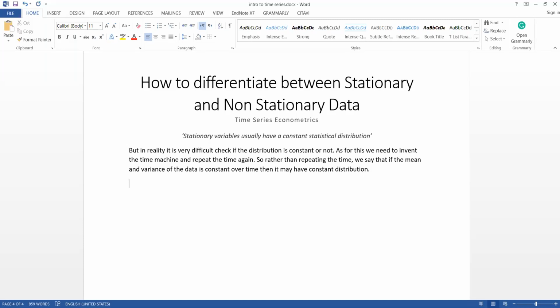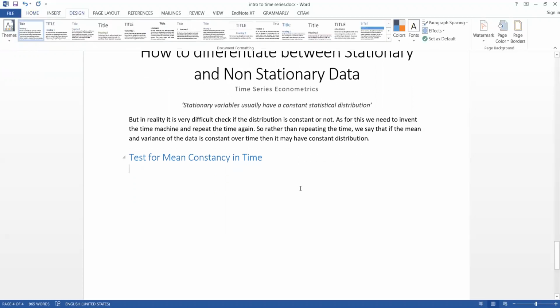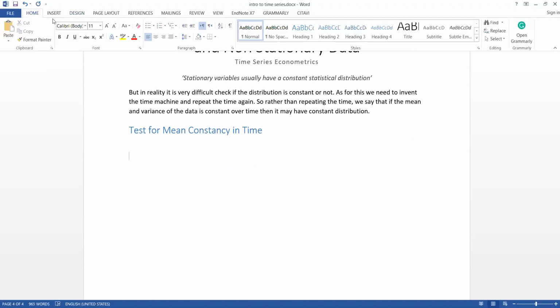So it means we need to test for mean constancy in time. We need to see if the data has a constant mean over time. So let's write equations here. Let's do a simple one.